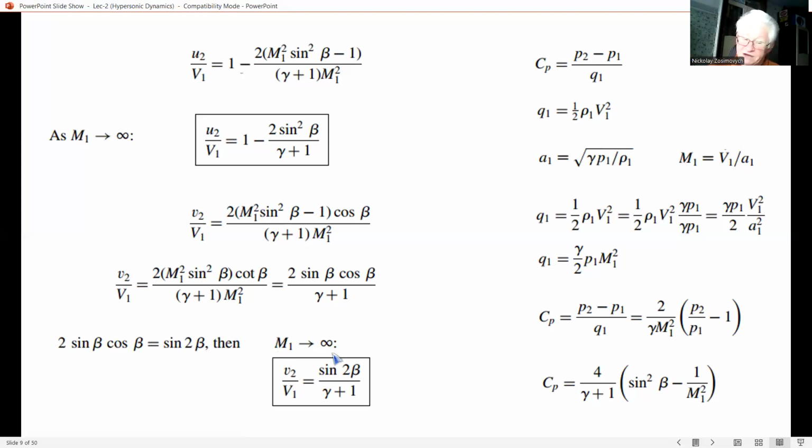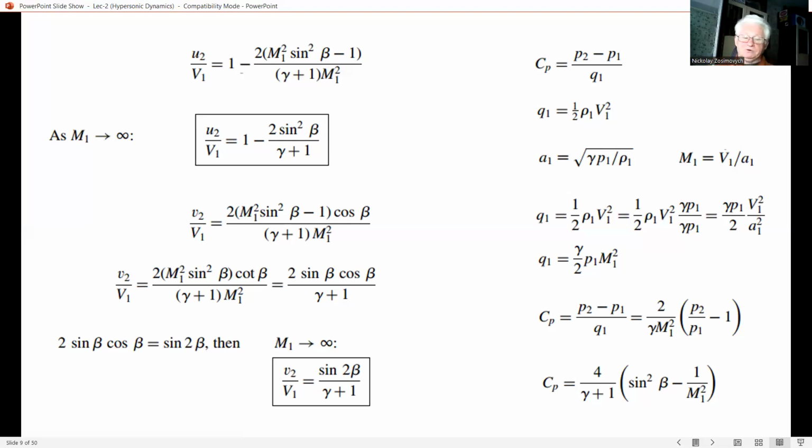In aerodynamics, pressure distributions are usually quoted in terms of the non-dimensional pressure coefficient, Cp, rather than the pressure itself. The pressure coefficient is defined by this first expression on the top right side of the slide: Cp equals p2 minus p1 over q1. Here p1 and q1 are the upstream free stream static pressure and dynamic pressure respectively.